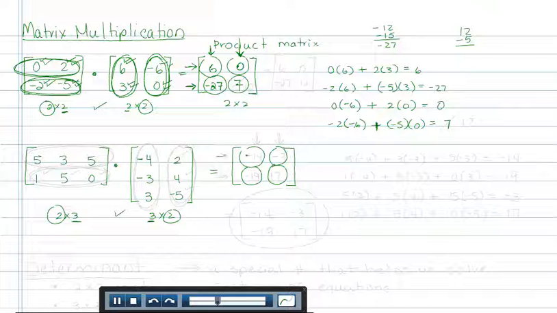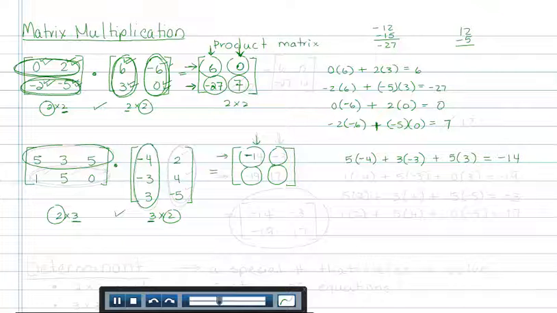My first number is in row 1, column 1. So I'm working with row 1, column 1, and it's going to be 5 times negative 4 plus 3 times negative 3 plus 5 times 3. And that's going to be a minus 14.